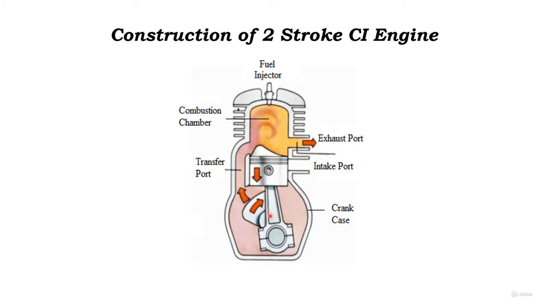Below the cylinder there is a crankcase, inside which you will find the crankshaft and the crank. Now this crank is connected to the piston with the help of the connecting rod. So construction wise, it is similar to the SI engine. The difference was that the spark plug has been replaced by the fuel injector.